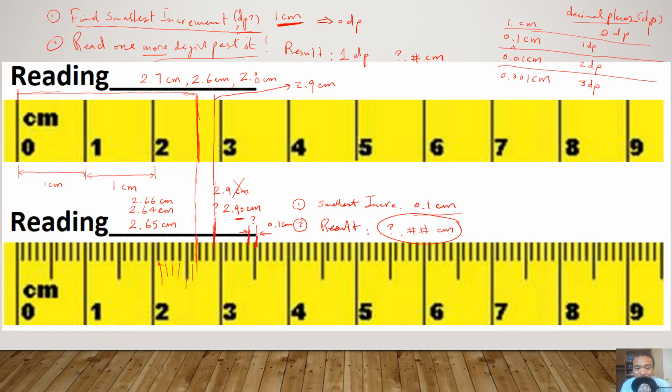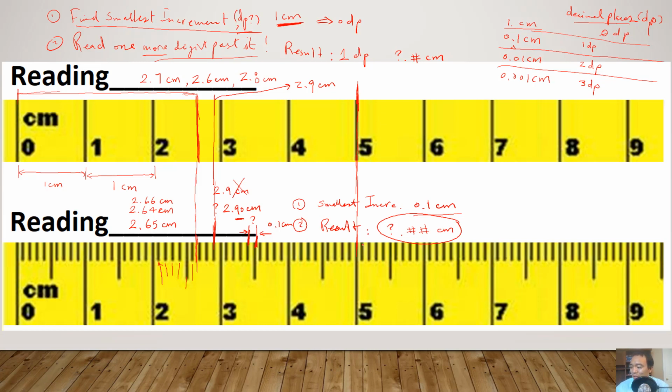Let's do one more example. For example, what if it falls right on this number 5 for top ruler, and for the bottom ruler as well? How would you record the first one over the top?